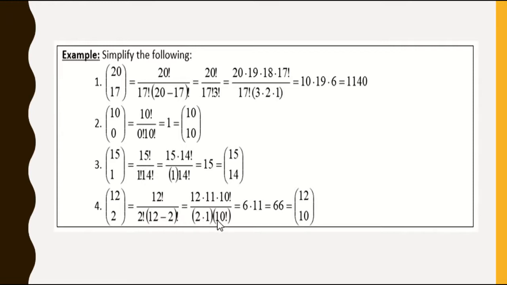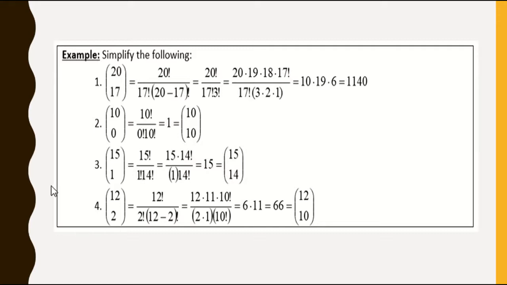So we have 10 factorial, so 12 factorial should be expanded as 12 times 11 times 10 factorial, so that the 10 factorial can be canceled. So what is left? 12 times 11 on top, 2 times 1 on the bottom. And 12 divided by 2 is 6. 11 divided by 1 is 11. So 6 times 11 is 66. And that is also equal to 12 taken 10 at a time.